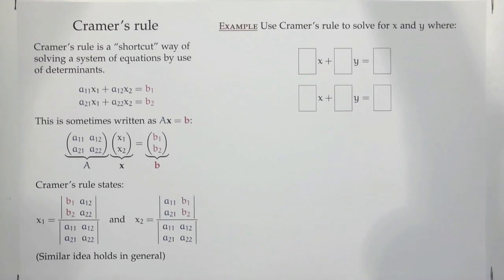All right, so let's try this out. Let's use Cramer's rule to solve for x and y. And I filled in a bunch of boxes here. So give me some numbers, but try to be nice-ish. 2.